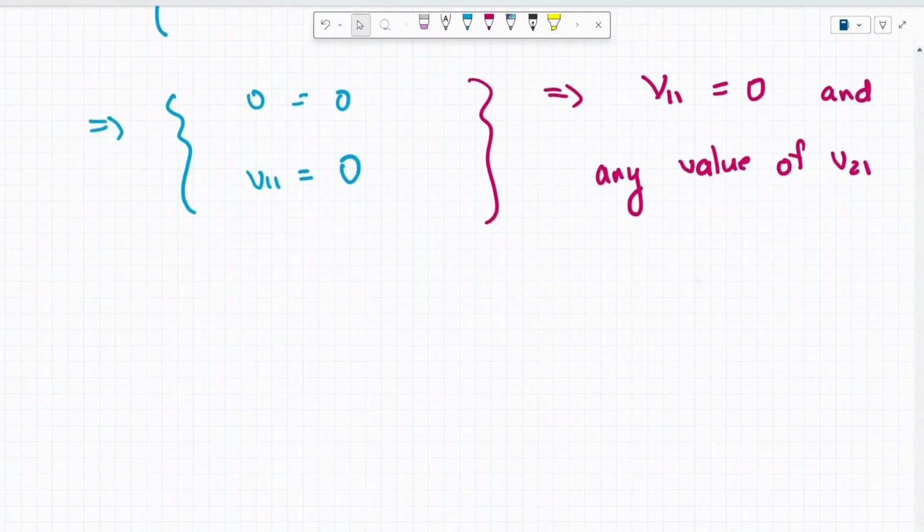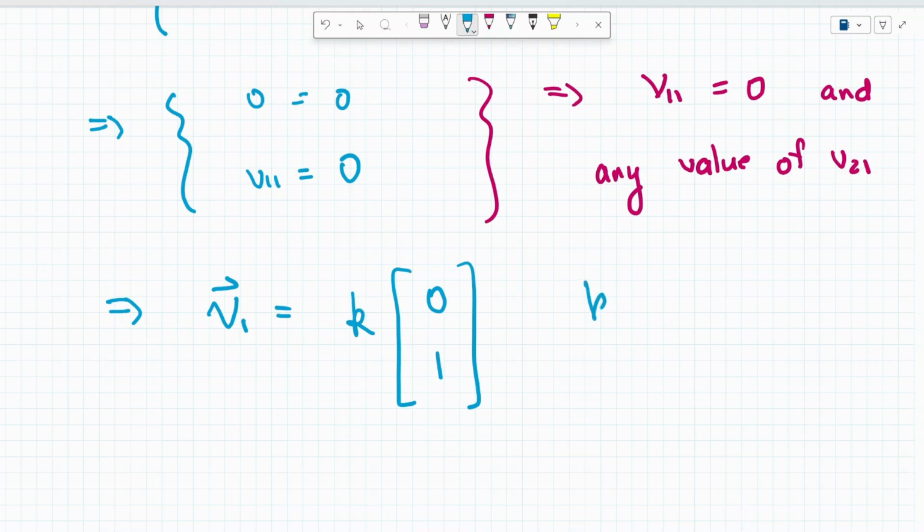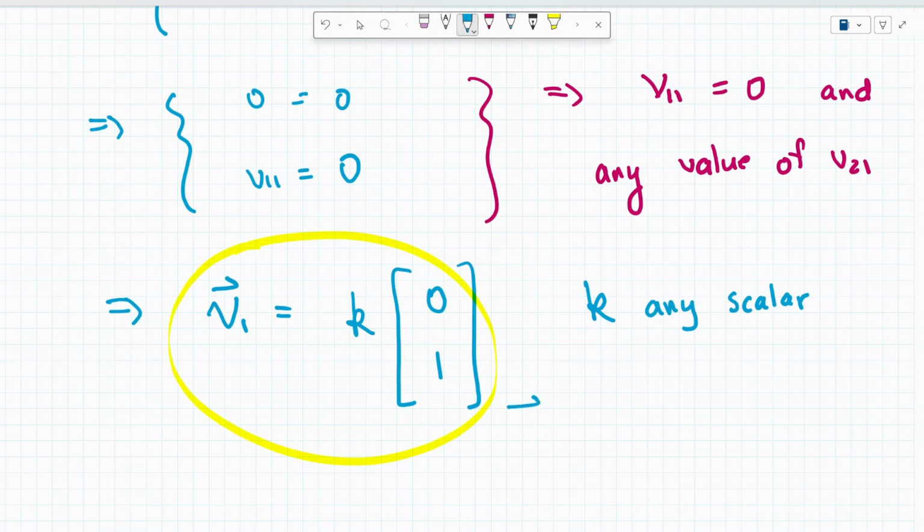If we were to write this out as a vector, we would say that the eigenvector v1 is equal to k multiplied by 0, 1, where k is just any scalar.